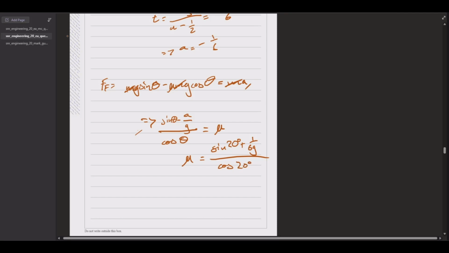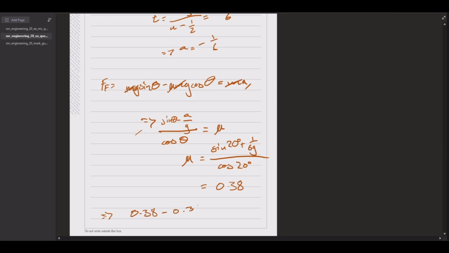Cos of 20 degrees. And that is going to equal 0.38. And now it's asking for the difference, which is just 0.38 minus 0.36, which equals 0.02, and that's the final answer.